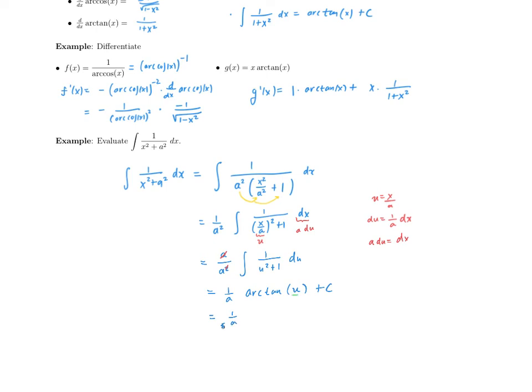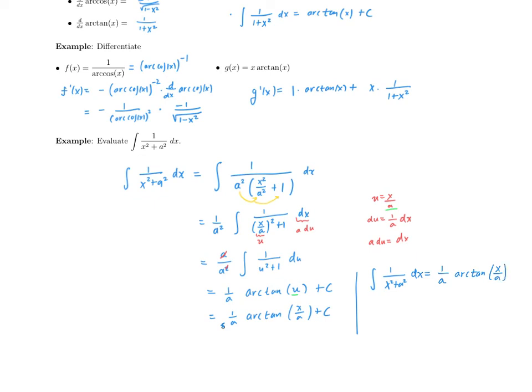Resubstituting back in that u is simply x over a, we have 1 over a arctangent x over a plus c. And just to summarize, because this is a key formula that we will encounter frequently moving forward, the antiderivative of 1 over x squared plus a squared, and note in this case a is a non-zero constant, is 1 over a arctangent of x over a.